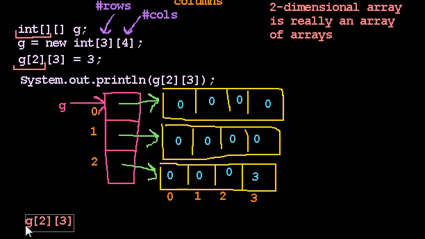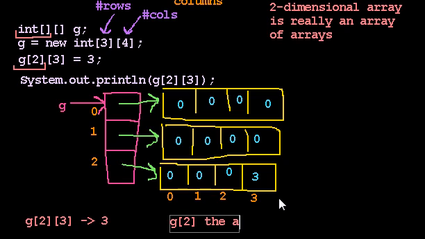We know the value of G23 is 3. What's the value of G2? Well, the value of G2 is this array here, this entire array. So G2 is an array. It refers to this array with a 3 at the end.